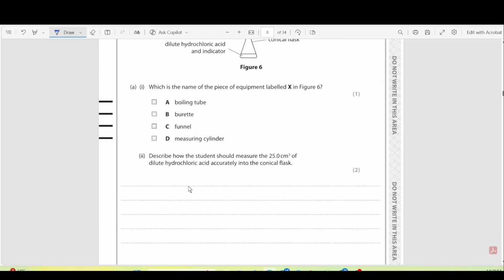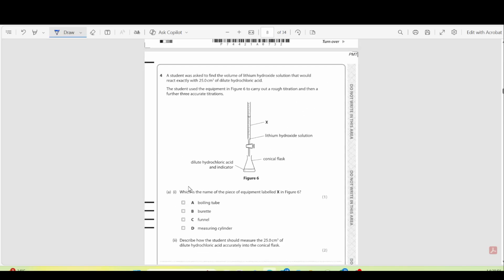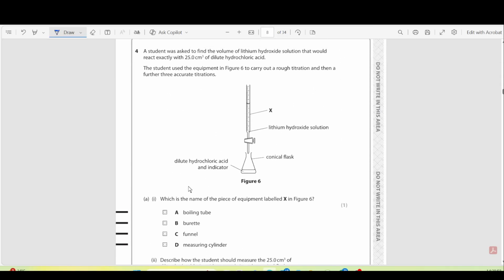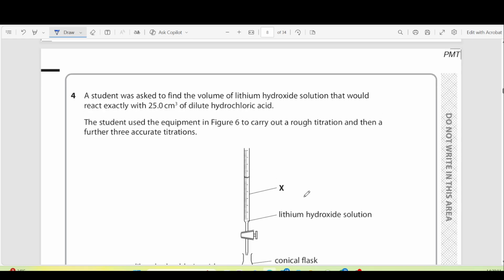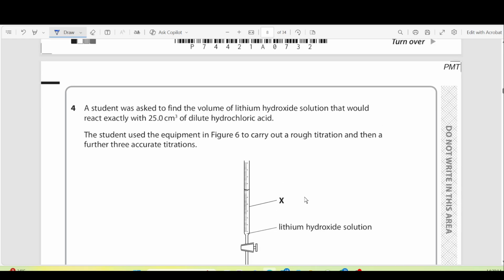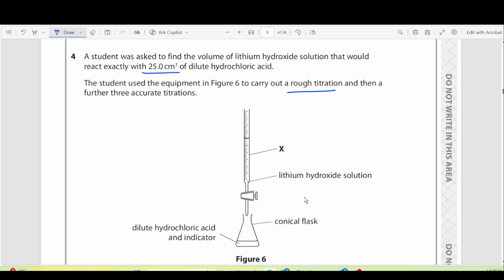Next we have this one. Question number 4. Question 4 says a student was asked to find the volume of lithium hydroxide solution that would react exactly with 25 cm cubed of dilute hydrochloric acid, and this is the equipment for carrying out a rough titration and then 3 accurate titrations.